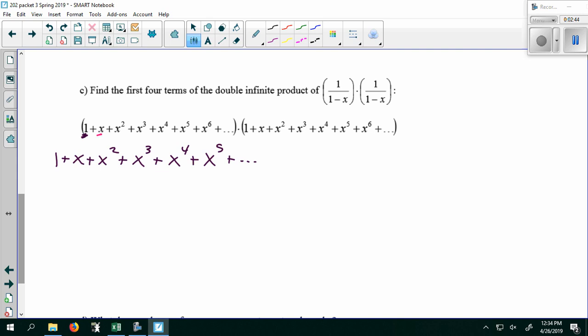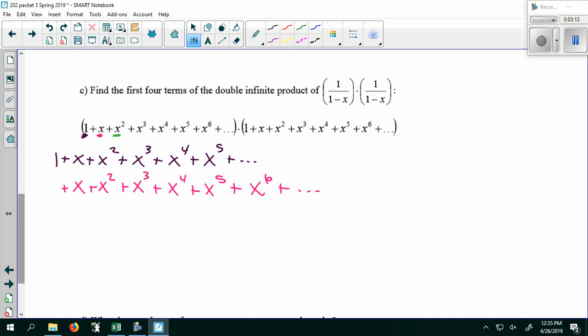Then I'm going to distribute my x to every term in the next parentheses. So x times 1 is x, then x times x is x squared, x times x squared is x cubed, plus x to the 4th, plus x to the 5th, plus x to the 6th, plus ... Okay, then I'm going to distribute my x squared to every term in the next parentheses.